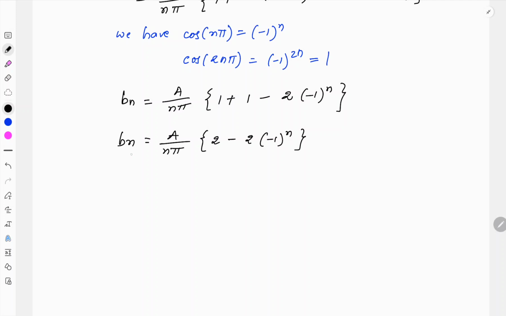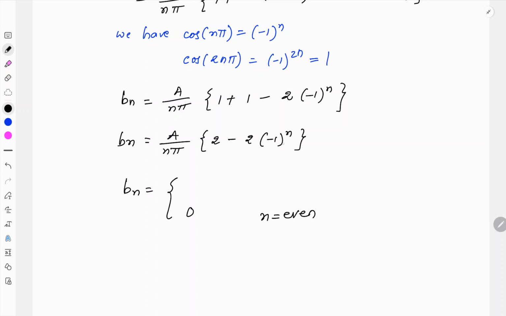So we can represent this bn as, if the value of n is even, so minus 1 raised to 2 is 1, and therefore 2 minus 2 becomes 0. So bn value becomes 0 for n equal to even values.